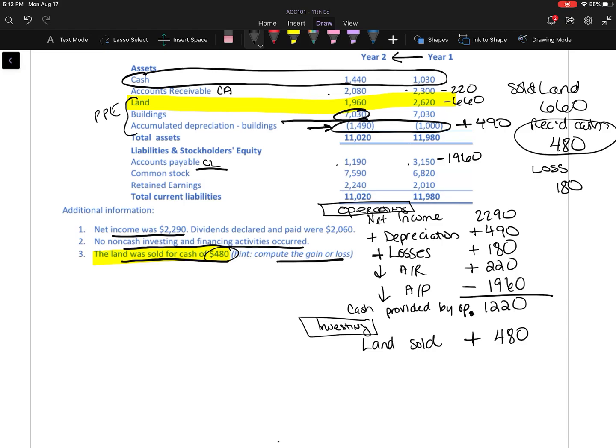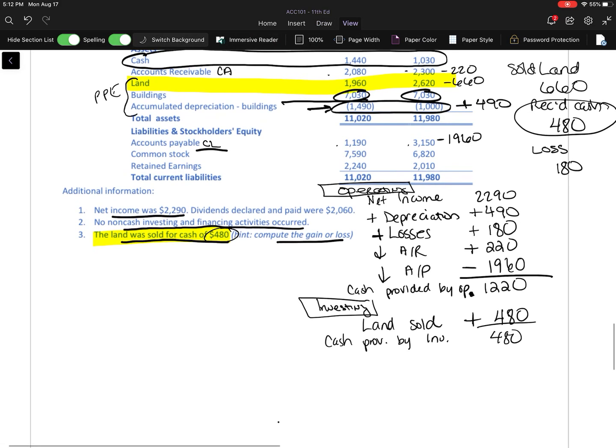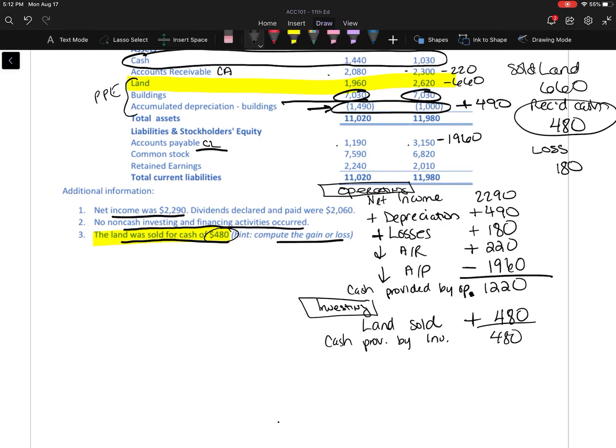Well, we receive cash, so it would be an increase of cash. Okay, so that's the only item that we're seeing. The building is the same, no change there. We already included depreciation, so we're good. So cash provided by investing is $480.